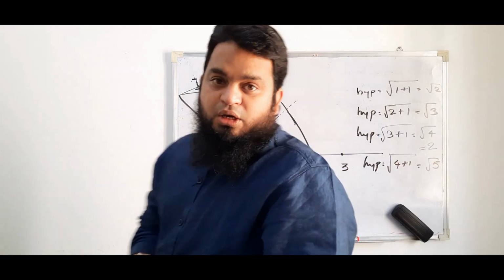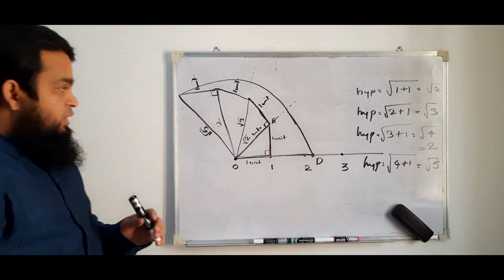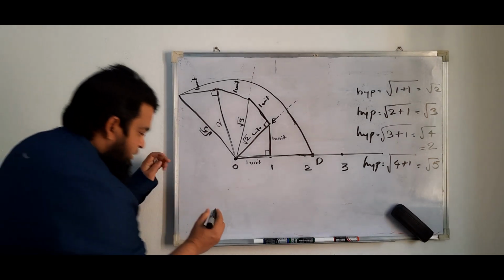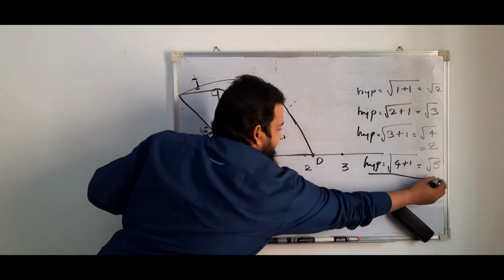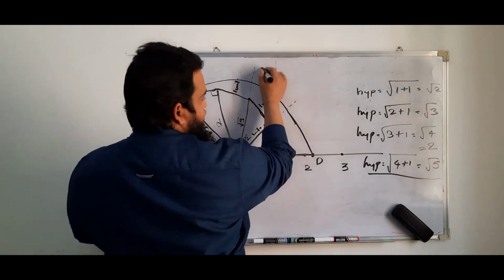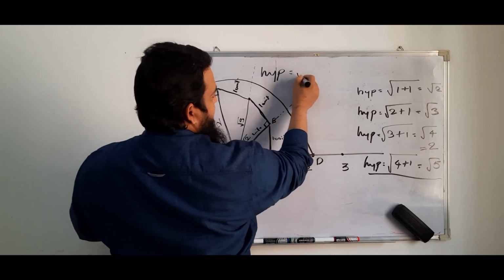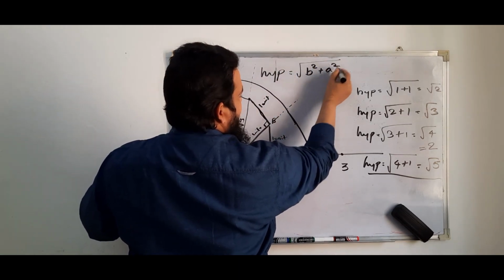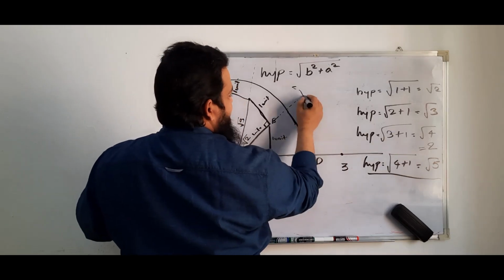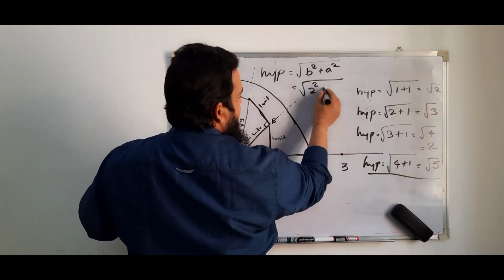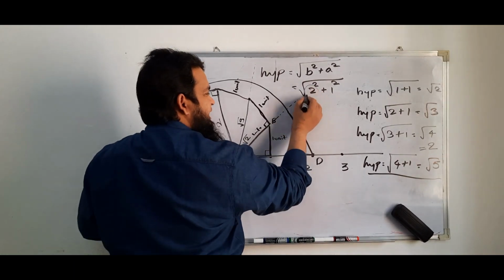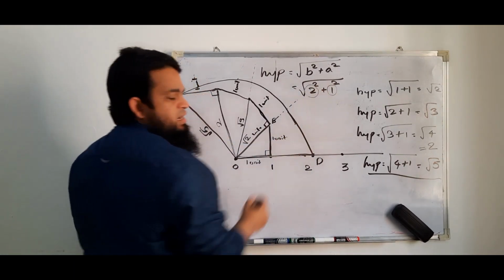I hope you understood. Okay, so now I will tell you an easier thing. See, from this point you have seen that I am writing over here, hypotenuse is equal to square root of base square plus altitude square, and here the base is 2 square plus altitude is 1 square. So that means base I can take 2 and altitude I can take 1.